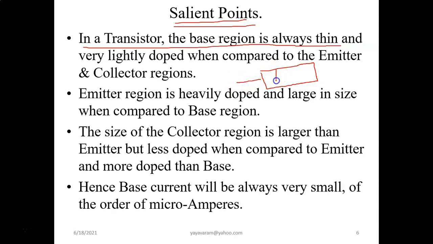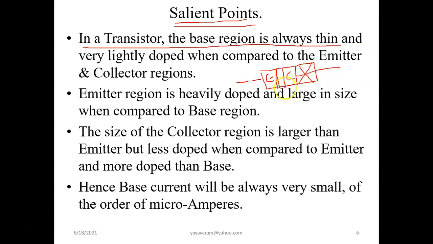Always remember, you can say that this will be your emitter. It should be very large, and this should be your base, very small. This should be your collector. Just remove this part and make a connection.